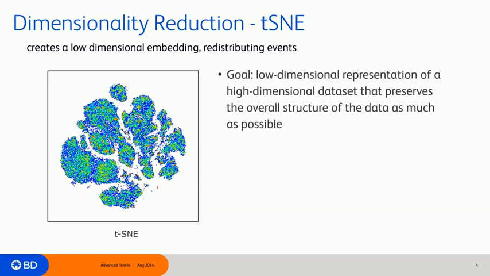This method here, t-SNE that we're showing, and others help us reduce the complexity of the data while preserving the most critical information, enabling us to see patterns and relationships that might otherwise be missed. Dimensionality reductions help give us a clear understanding of the data and can lead to more impactful biological insights, and it's vital for visualizing our high-dimensional data.